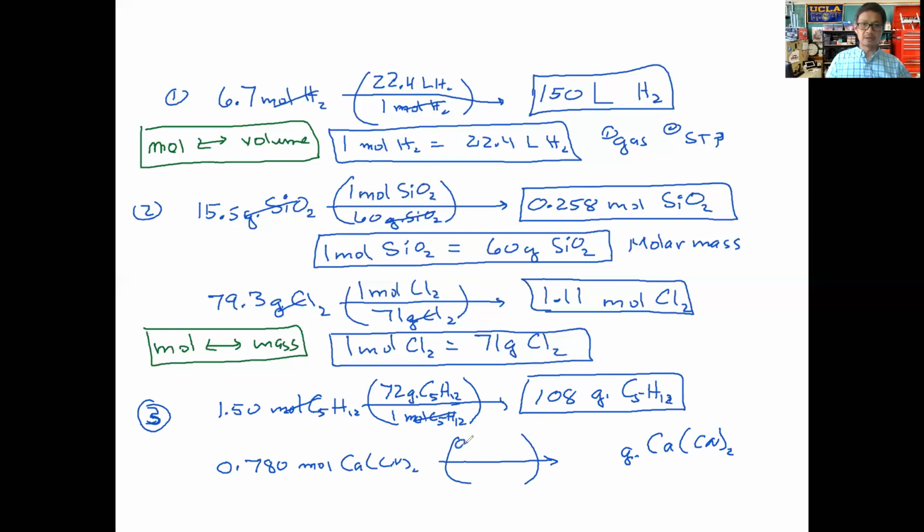Okay, so let's go ahead and plug that in. 92 grams CaCN2 over 1 mole of CaCN2. All right, so you plug that in, the unit of mole cancels out here, and we get our final answer then, 71.8 grams CaCN2.